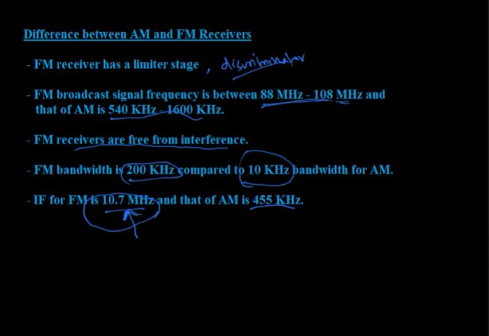If you consider the cost of production of these receivers, the FM receiver is a little costly when compared to the AM receiver. That's the only main advantage of AM over FM.